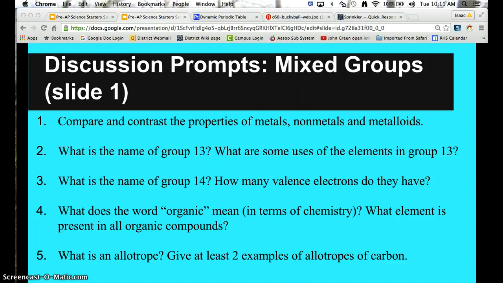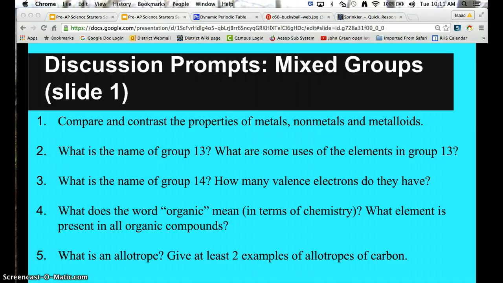Aluminum is used in pop cans and aluminum foil, and also to create metal for cars and airplanes. Gallium is often used in electronic components. So those are some of the uses of group 13.